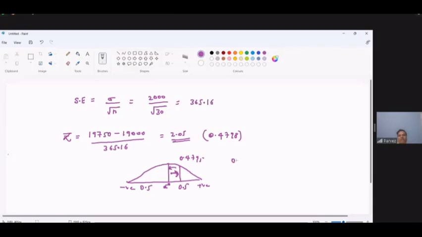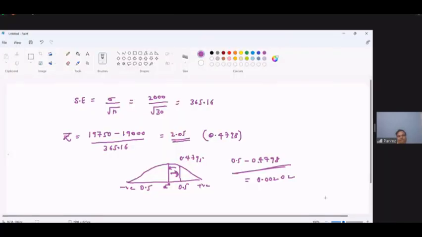So what should we do? We should subtract from 0.5 to come back to the mean position. So when it's more or positive, you subtract from 0.5. How much will it come? 0.0202.